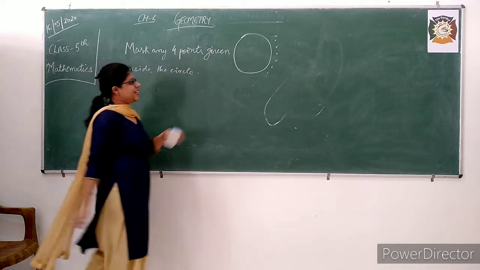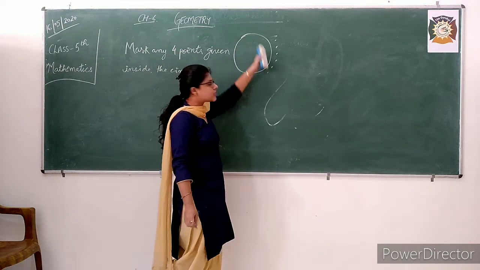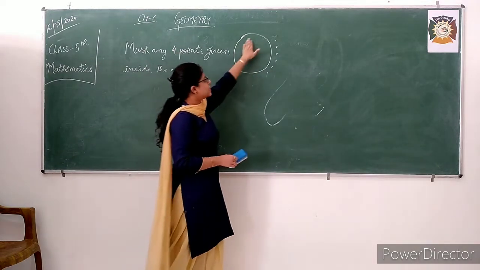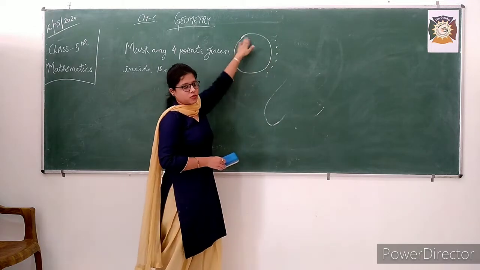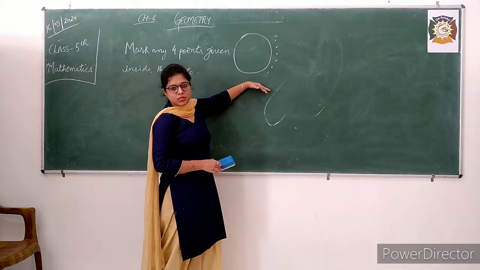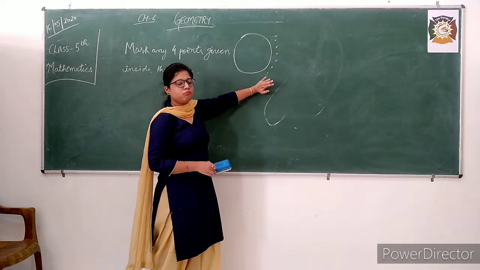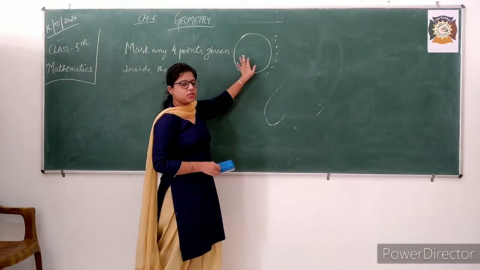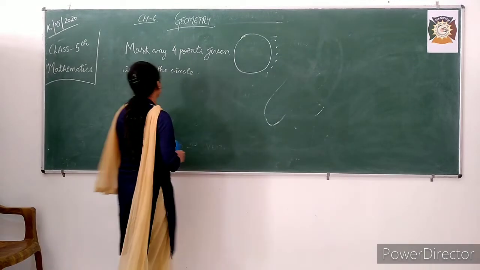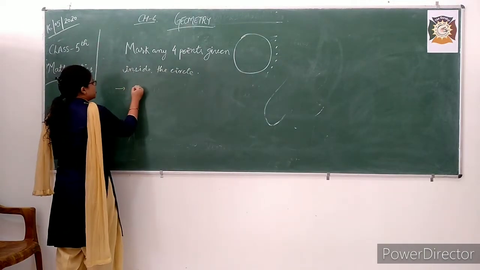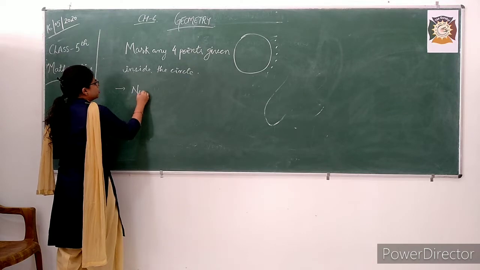So can you see any point inside the circle? Inside means in the interior of the circle. Clearly when you see, you will observe that there is not any point inside the circle. So your answer is no point.